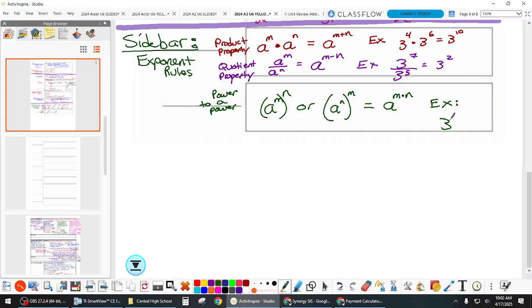So if we did like 3 to the 4th squared, that's 3 to the 8th. Are these ringing a bell? You learned these in Algebra 1. You're going to need these for our next unit as well. Probably more so, honestly.